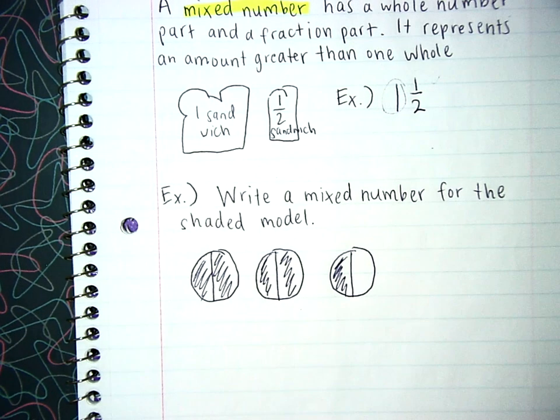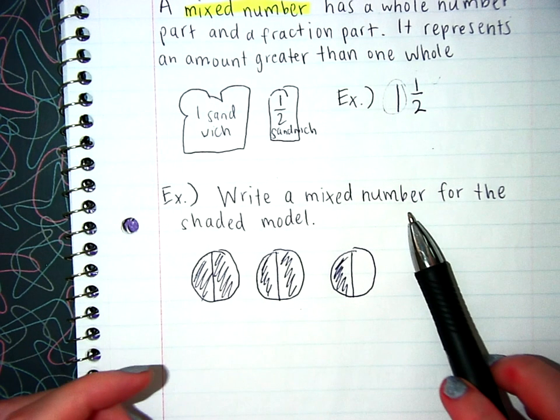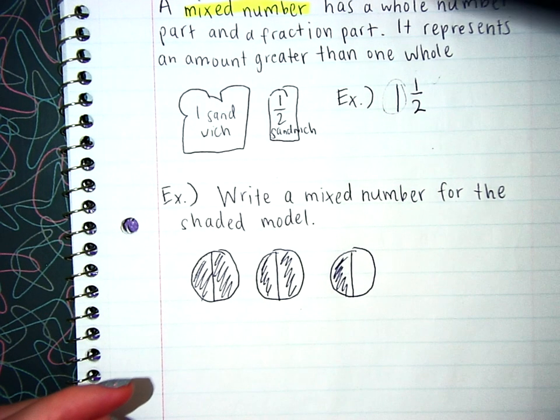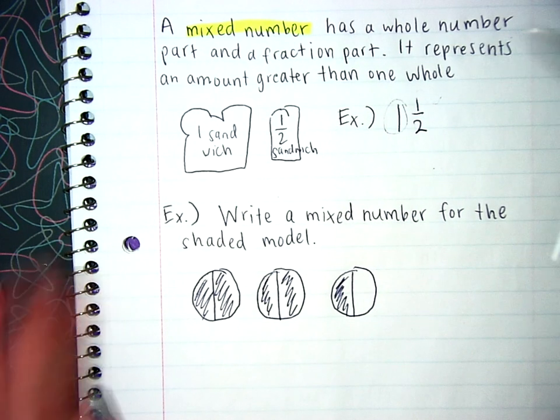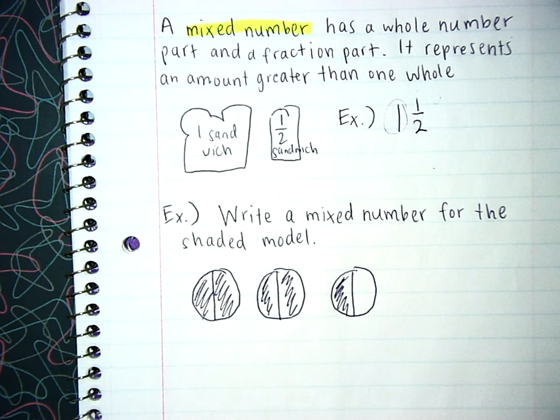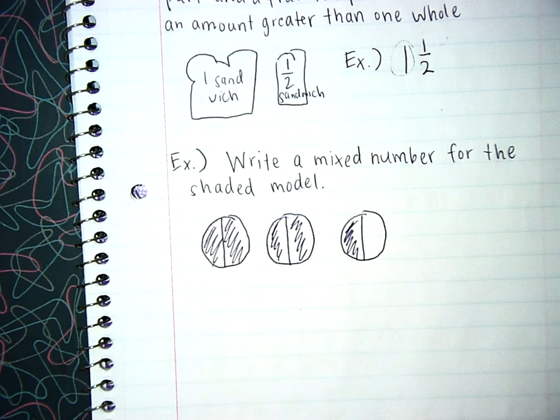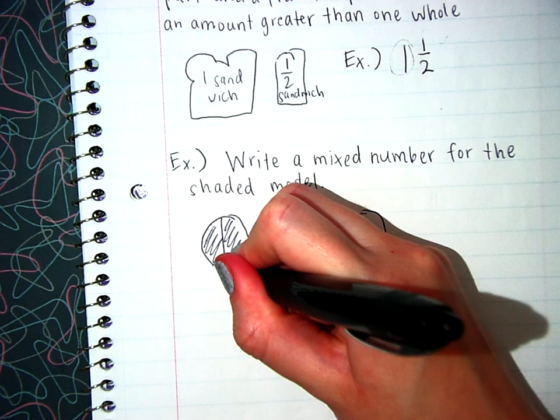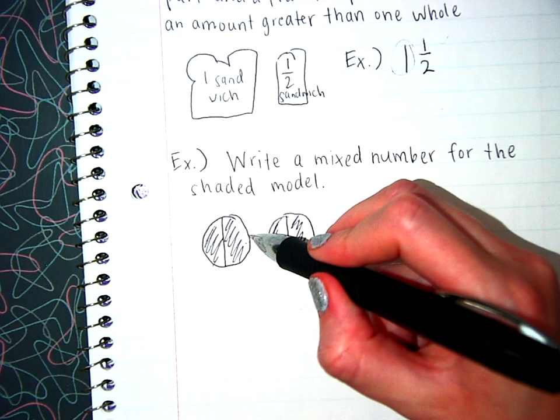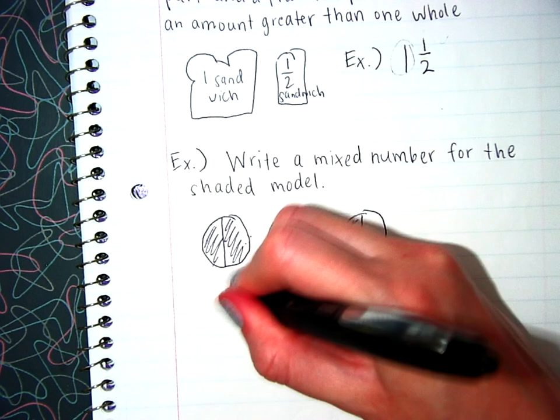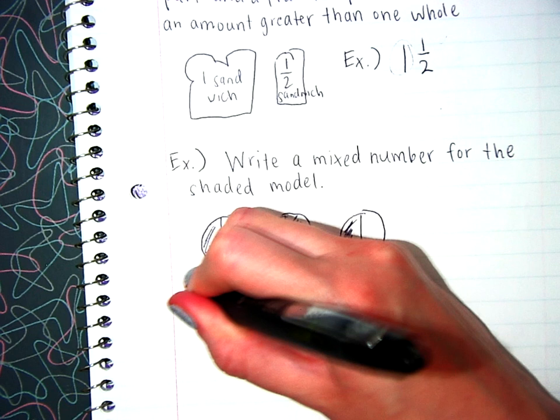So when it comes to writing a mixed number, the first thing that you're going to do is talk about the whole numbers. So remember, a whole number is the fraction where the numerator and the denominator are the same. So in this fraction, there are 2 halves. So this fraction would look like this.